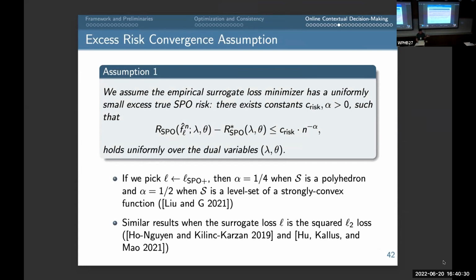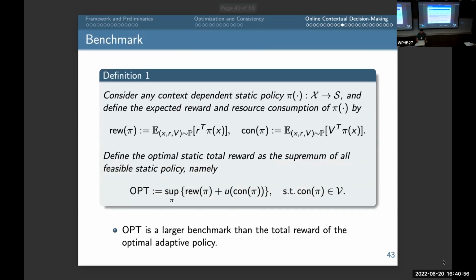So this assumption holds for SPO plus because of the calibration results that we proved in the previous paper, as well as results about generalization of SPO plus, as well as the fact that the dual variables are bounded. So that gives you the part that it's uniform over the dual variables. Similar results also hold for L2 and any sort of classic loss function that you might consider. Okay, so that assumption is expected to hold.